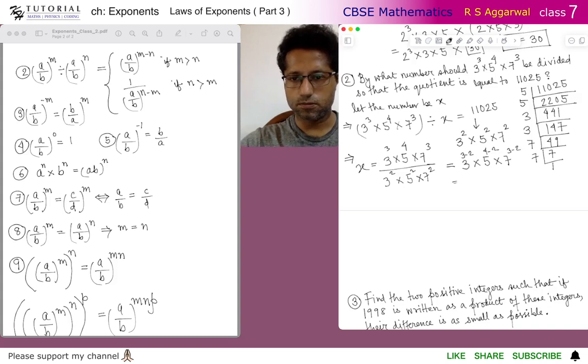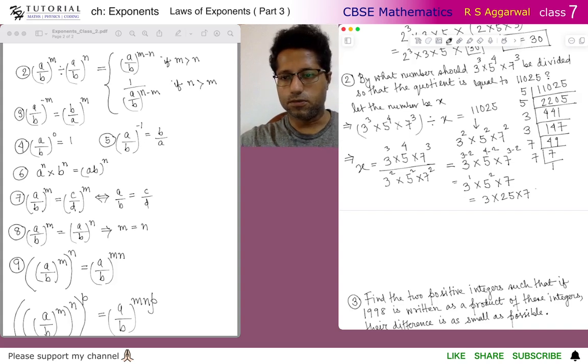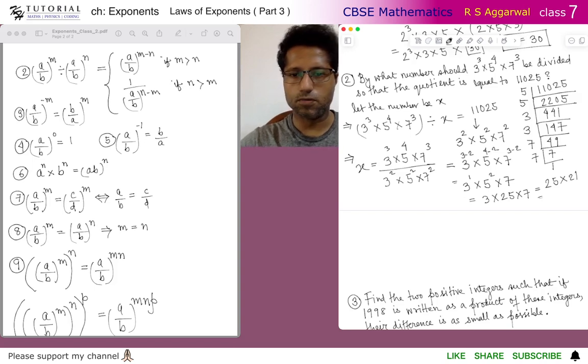So this is 3 to the power 1 multiplied by 5 square multiplied by 7. So this is 3 multiplied by 25 multiplied by 7. This is 25 multiplied by 21. Okay, so this is how much?